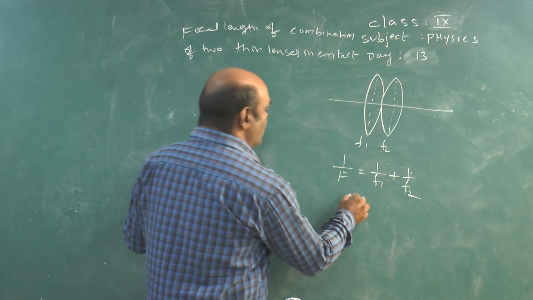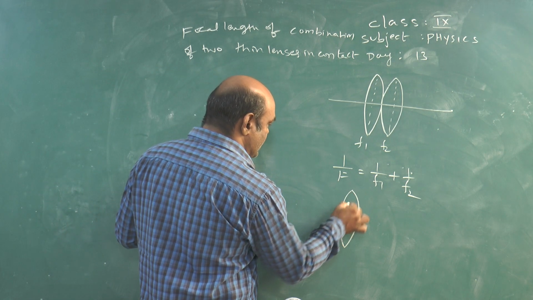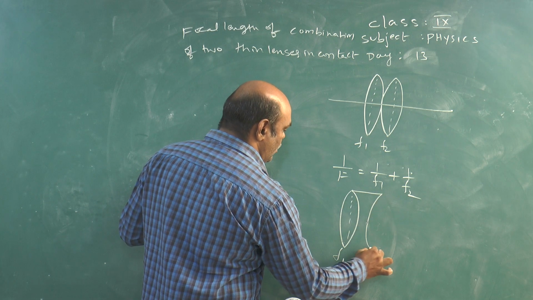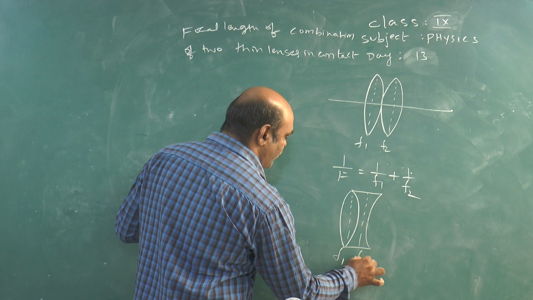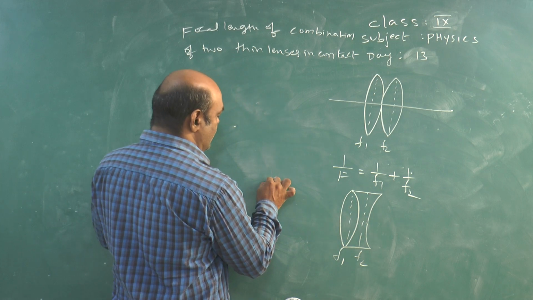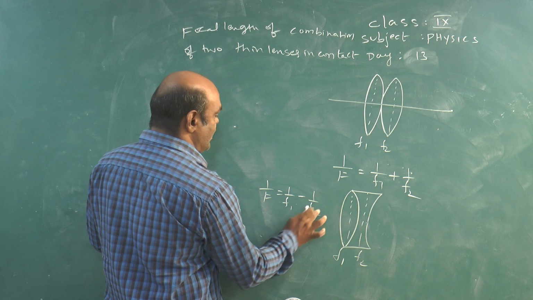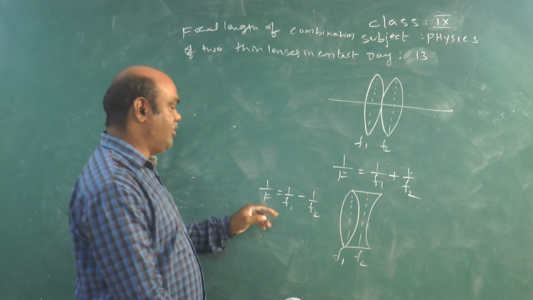Next, if you combine one convex lens of focal length f1 and another concave lens of focal length f2, then the formula is 1 by F equal to 1 by f1 minus 1 by f2.